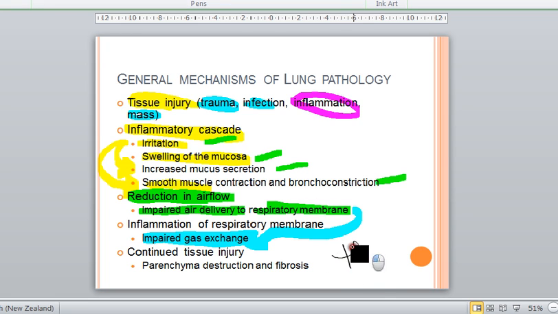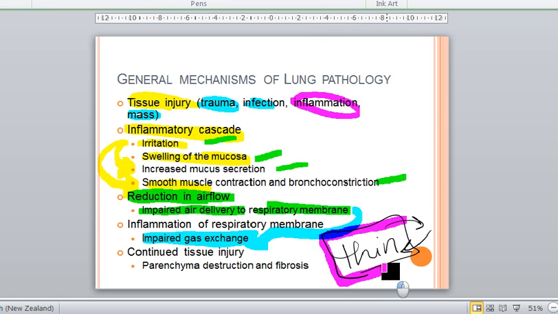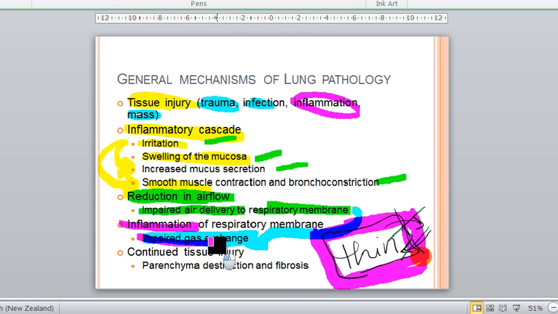Remember that I said the respiratory membrane, to be functional, has to be very thin for diffusion of the gases to occur. If all of a sudden, because of inflammation, my respiratory membrane is thickened and swollen, then gas exchange will be harder to occur. So the inflammation itself also contributes to impaired gas exchange here.